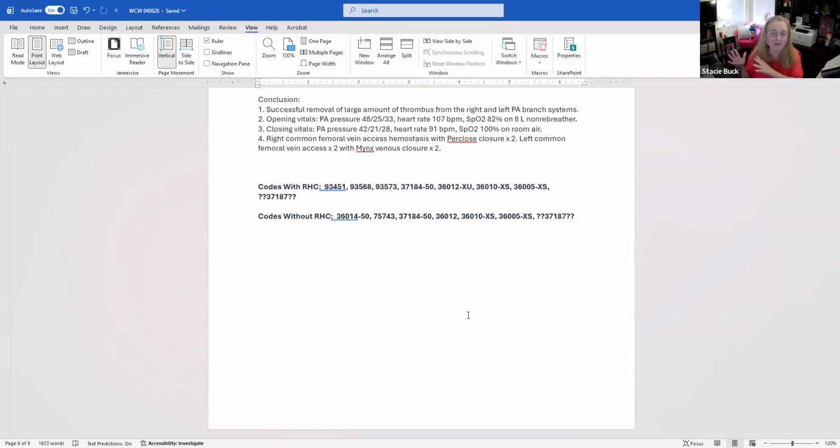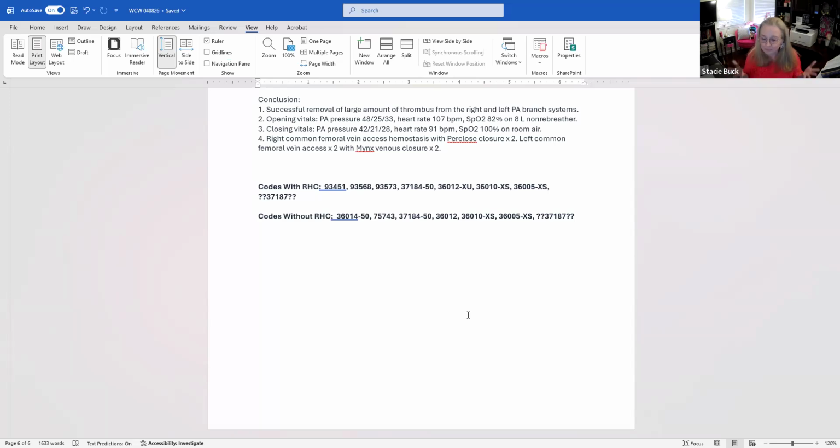I didn't trust that ChatGPT gave me the right information, but by taking the summary of what was done through each point of access and then reading through the report, that helped me distinguish the steps very clearly. And then I was able to go back and say, okay, now I have two ways of potentially coding this case, with the right heart cath and then without the right heart cath.